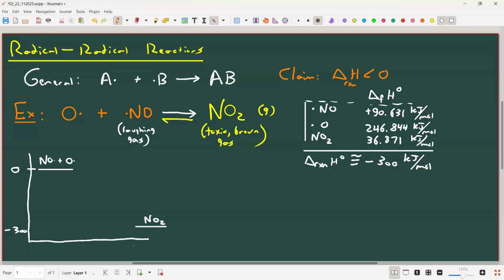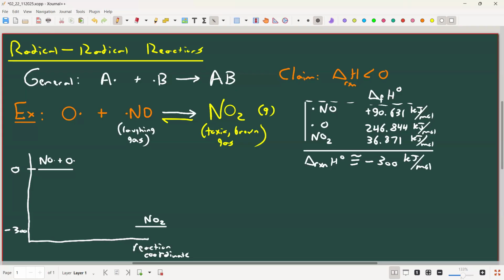Okay, so there's our reaction coordinate. But of course, we haven't filled in the middle. It's not clear necessarily if the energy goes up or it goes down, or does it go straight down? Well, we can kind of argue the correct answer.